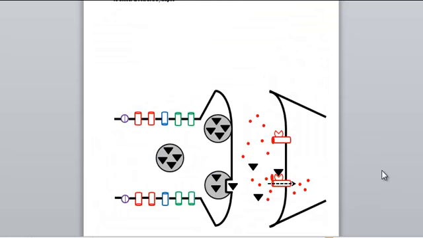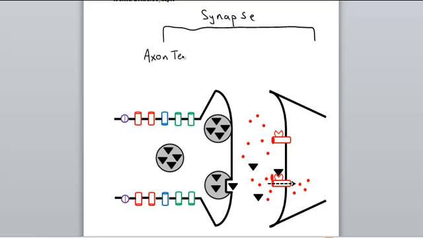To take a closer look at a synapse, I've drawn a diagram using my computer, and I've zoomed out so we can see the entire synapse. A synapse is the entire area across here, including what's in the brackets. This you're used to us calling an axon terminal, the axon terminal of one neuron.